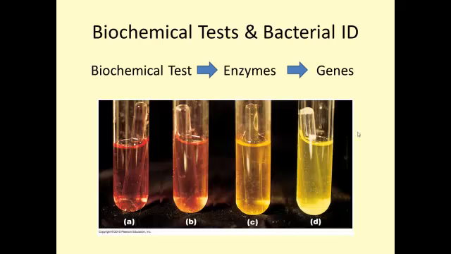Okay, here's an example. Here's a series of test tubes that have just one sugar in them. We have these little tubes in here upside down to catch any gas. We've also put an indicator in so that we can see if there is a drop in the pH, if there's acid being formed. So in this tube here, the pH didn't change.